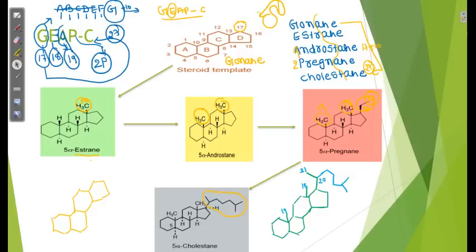The extra part is connected here. It is 22, this is 23, then 25, 26 and 27.